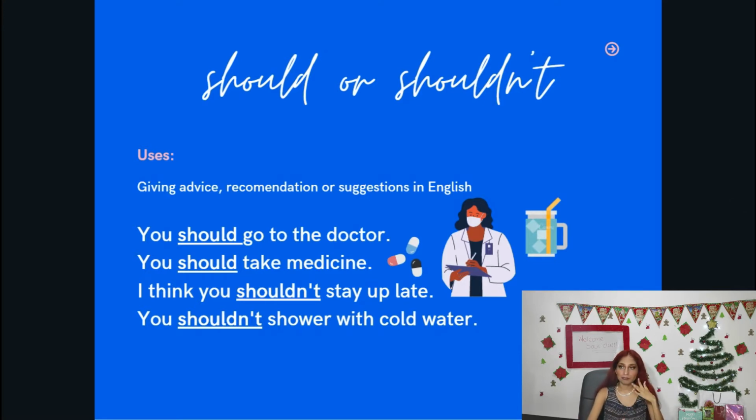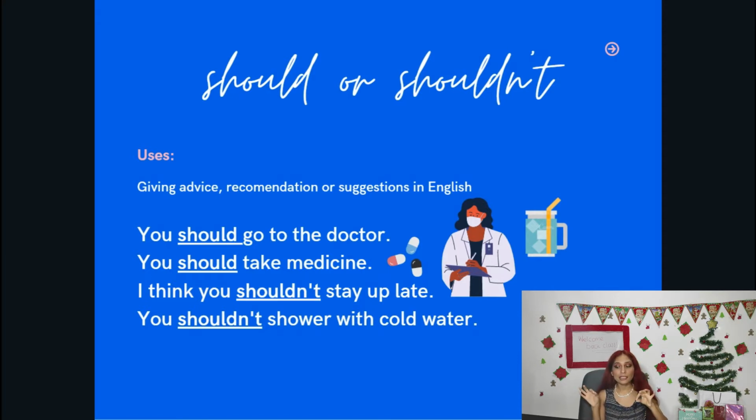Should is usually known as a modal, and it is used for giving advice, recommendations, or suggestions in English, right? So as you remember, in this unit 4, How do you feel?, we are learning about illnesses and when you're feeling sick, this kind of vocabulary.